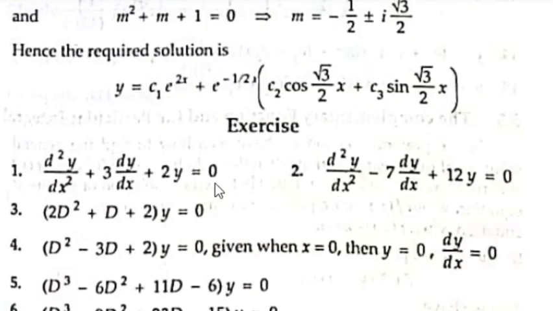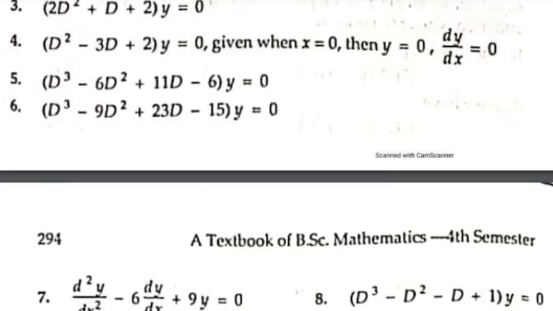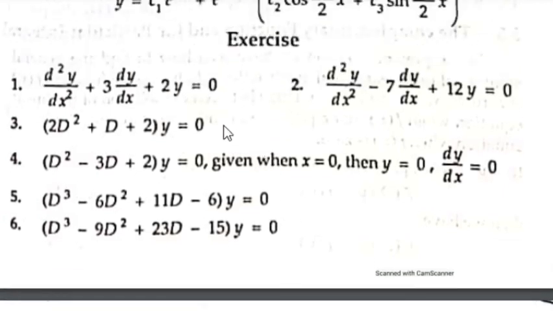These are the exercise problems given in the exercise solution. Take a screenshot of this on your mobile, and of this one too. Up to a total of 15 problems are there, and in all of them the right-hand side f(x) is equal to 0.